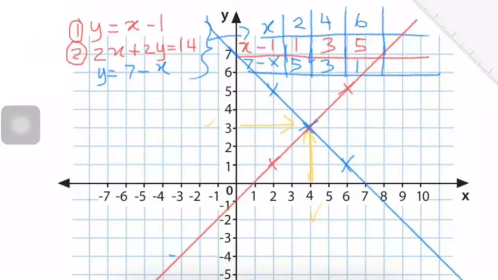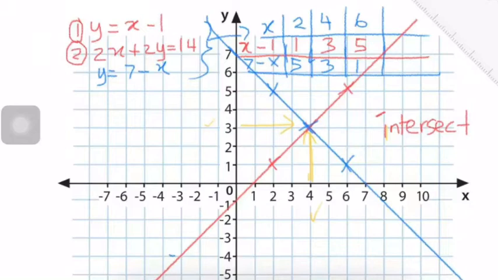Bahasa Inggeris intersection, intersect. How to spell it? Tulis INTERSECT. Where the two lines intersect, that is where the apa istilah dia?